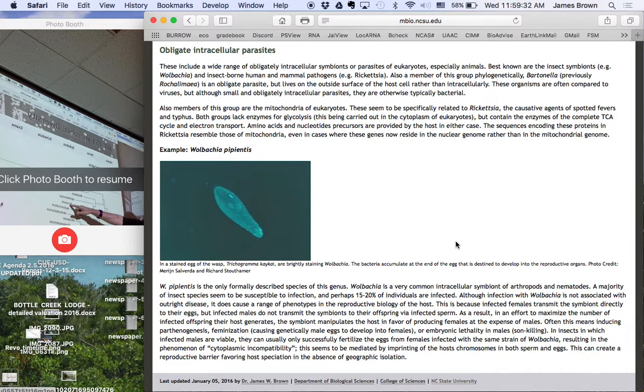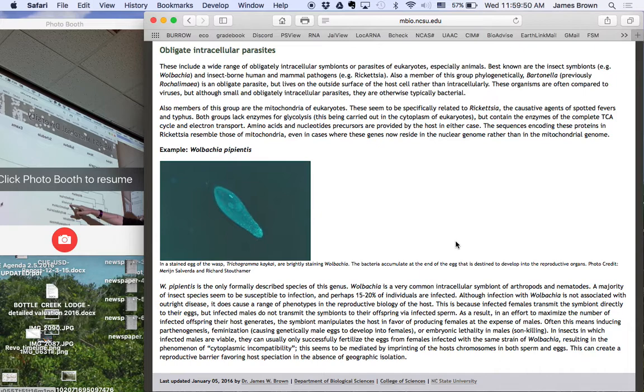And in many cases, these insect sex ratios can be very heavily modified to the point where the females have difficulty finding males for reproduction and resort to parthenogenesis instead.